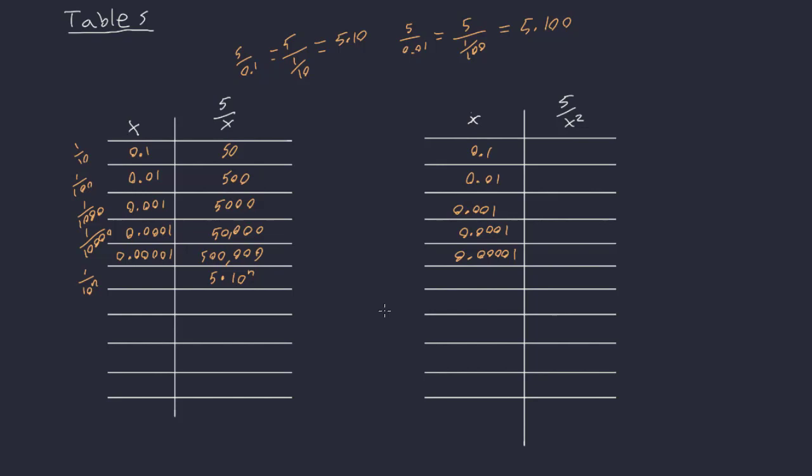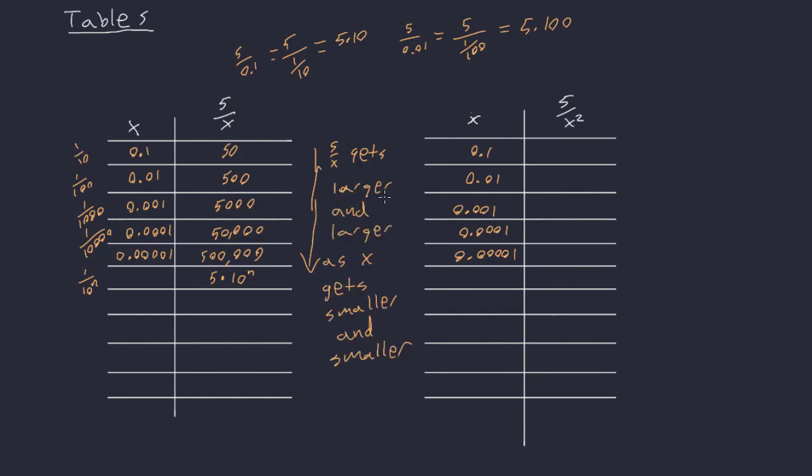So this just gets larger and larger, right? 5 over x gets arbitrarily larger. It gets larger as x gets smaller. So this gets larger and larger as x gets smaller and smaller. Okay, so this is definitely a does not exist type of limit.